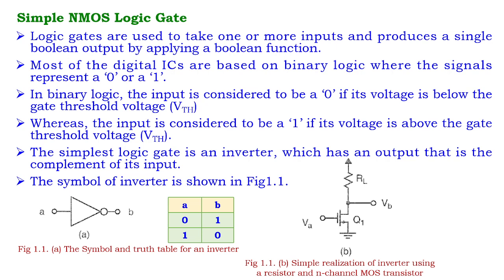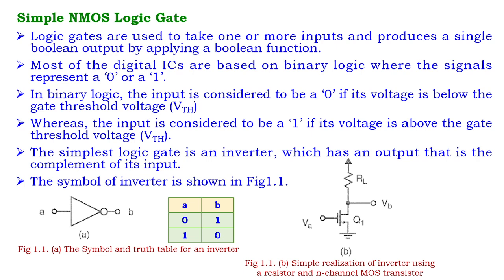Most digital ICs are based on binary logic, where the signals represent a 0 or a 1. In binary logic, the input is considered to be a 0 if its voltage is below the gate threshold voltage, whereas the input is considered to be 1 if its voltage is above the gate threshold voltage.